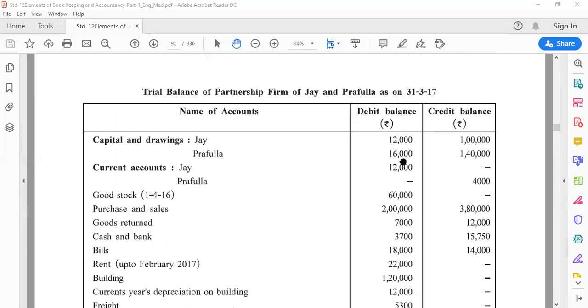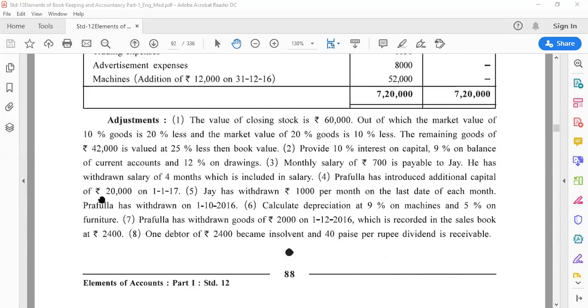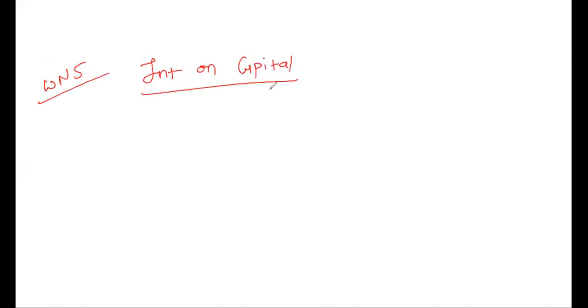Here capital of Jai is 1 lakh and Prafulla is 1,40,000. And this additional capital brought by Prafulla on 1/1/17 is rupees 20,000. Please keep it in mind. So this working is about interest on capital. For Jai, it is 1 lakh rupees.